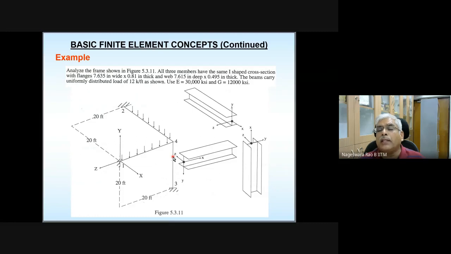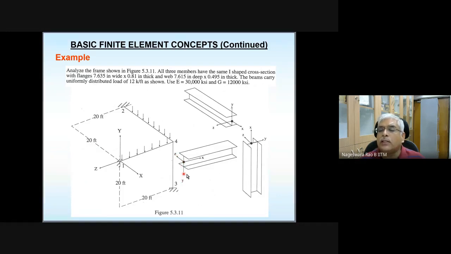The components of that unit vector are going to be your direction cosines.